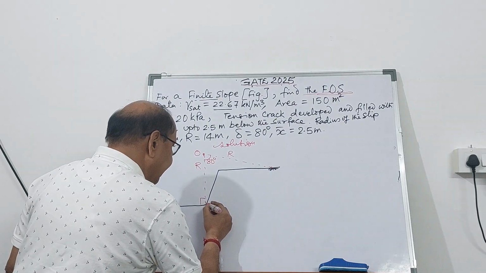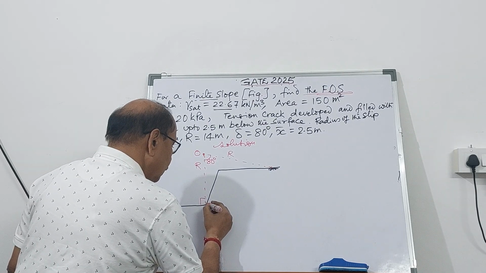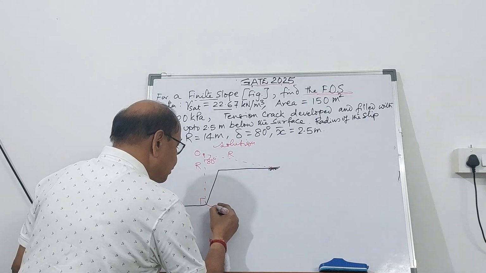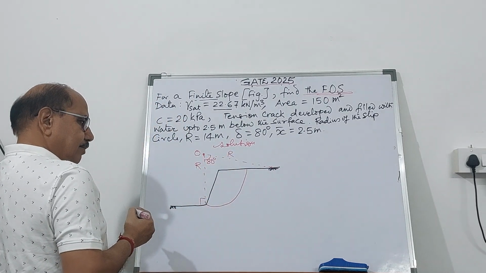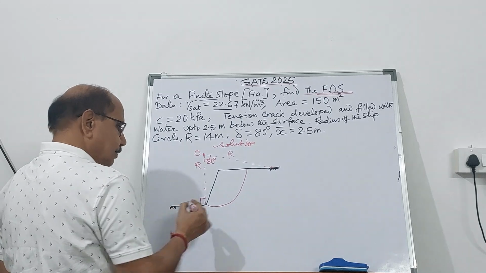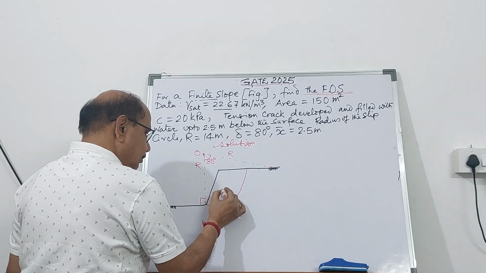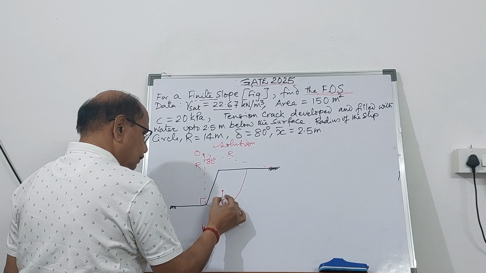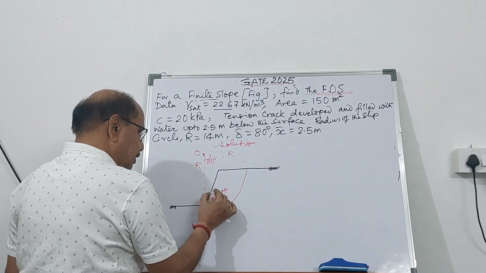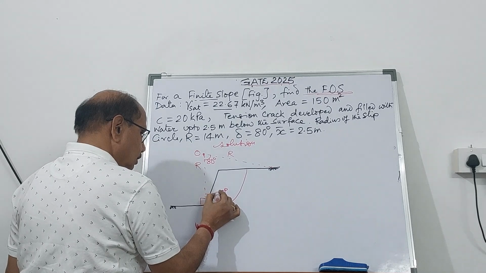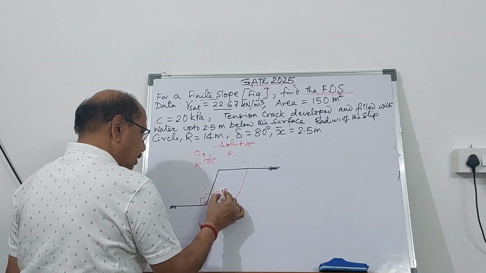and the finite slope, the slip circle is shown here in the figure, and the weight is acting at the CG, and this distance is x bar.